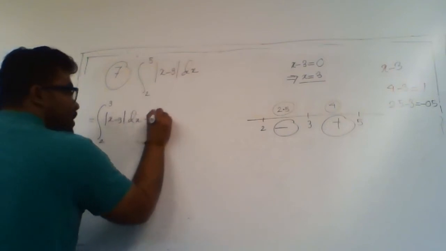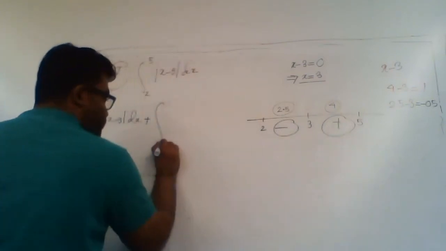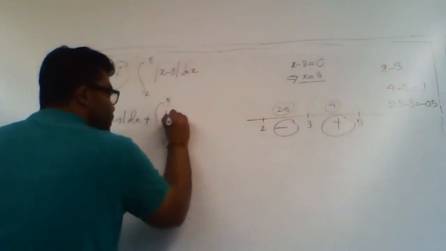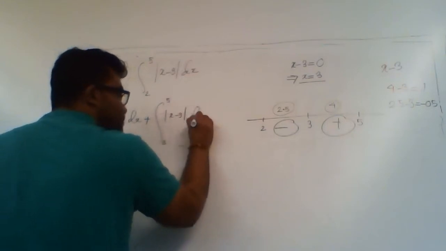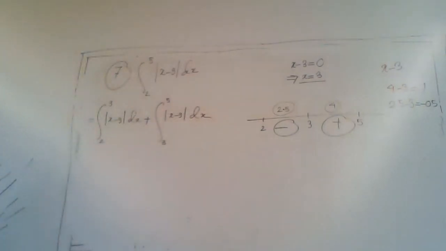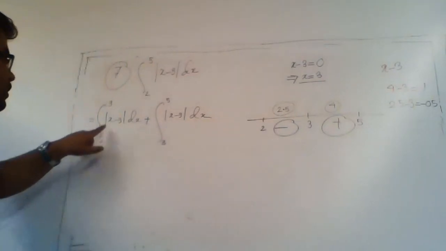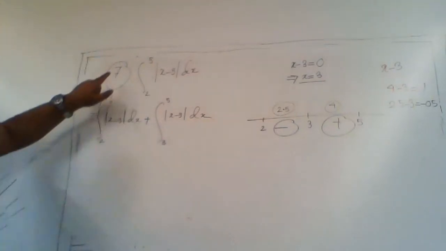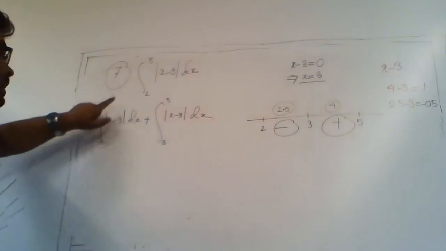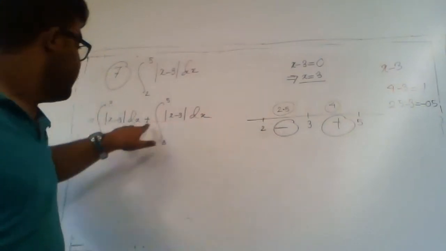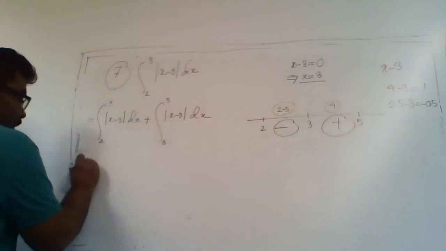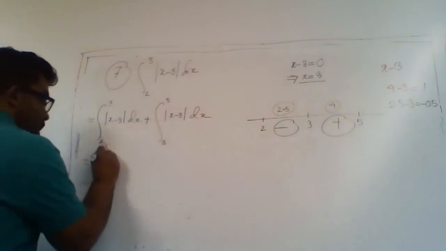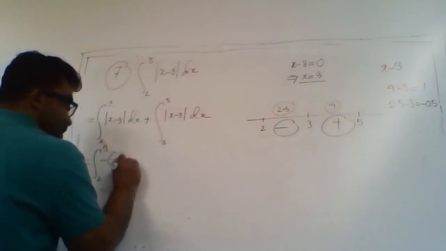And then from 3 to 5, absolute value of x minus 3 dx. Then, since you have a minus sign here from 2 to 3, you will now open the bars, and since you have a minus sign, you will put a minus in front. So it will be the integral from 2 to 3 of minus of x minus 3 dx.